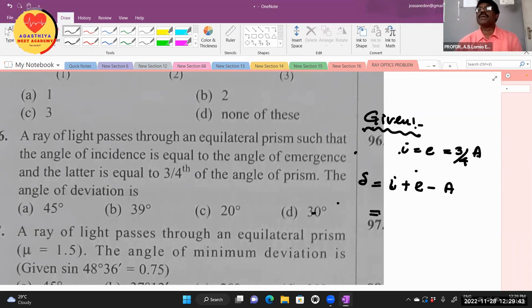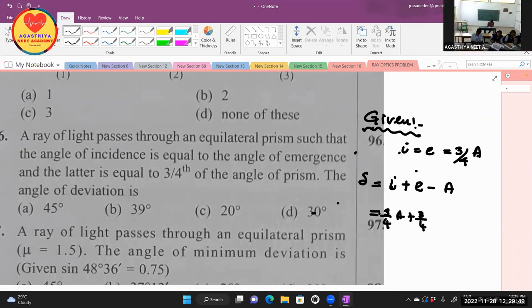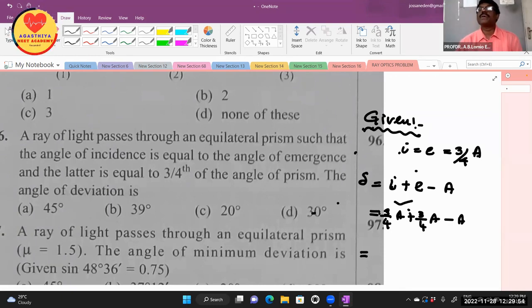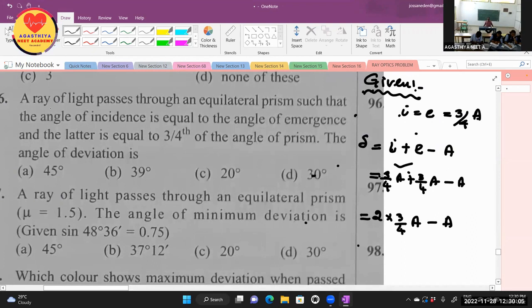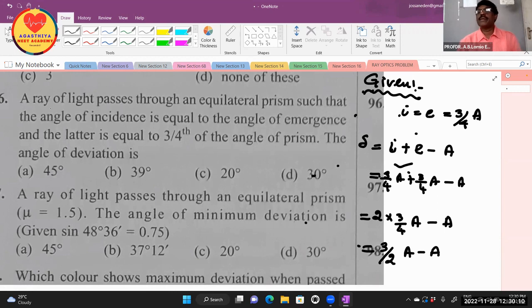Therefore, simply substitute the value as 3/4 A plus 3/4 A minus A. This is 2 into 3/4 A minus A. It becomes 3/2 A minus A. 3/2 minus 1, what is it? 1/2.